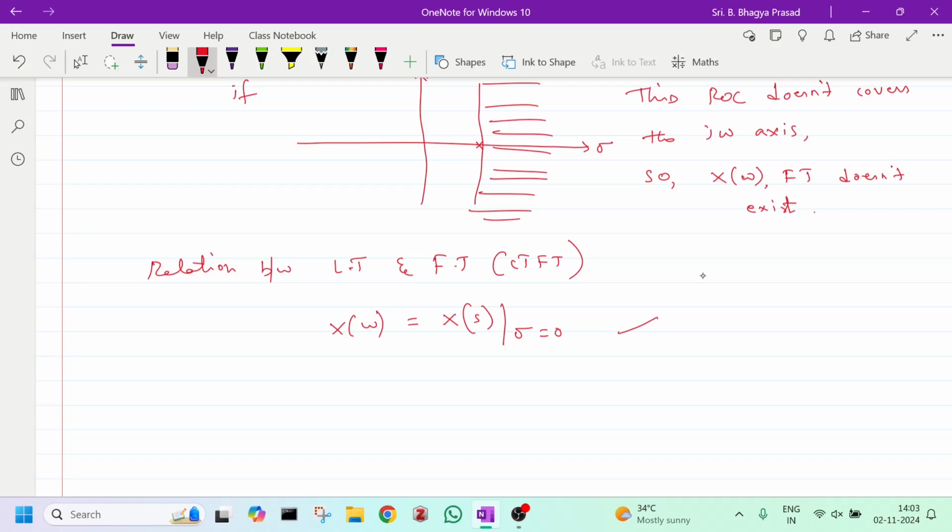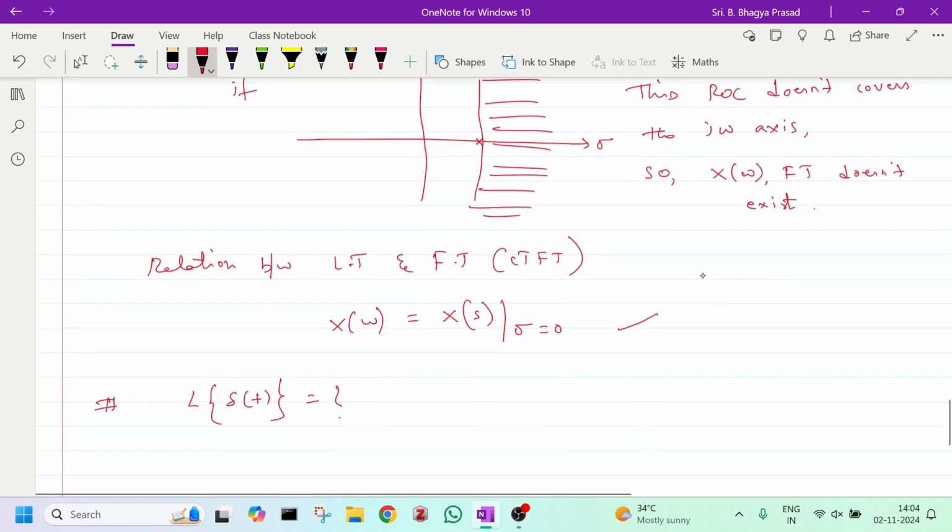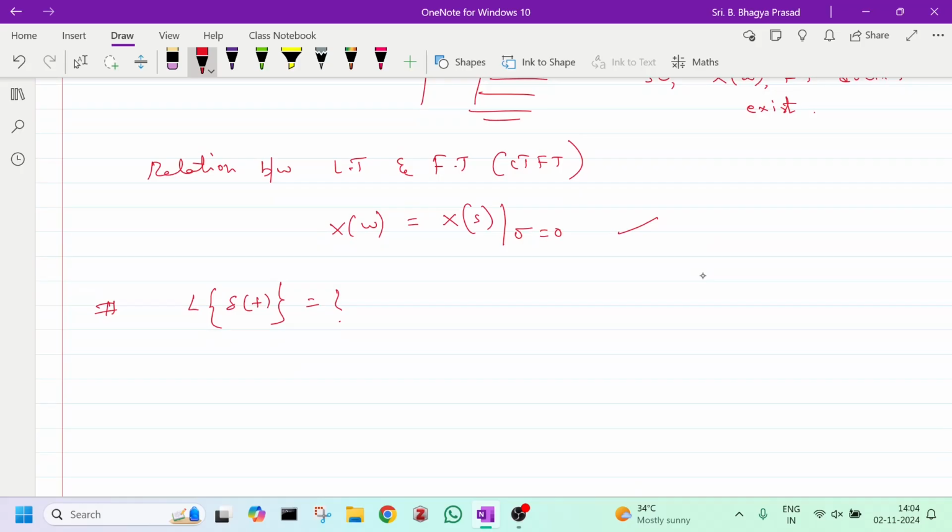So let us solve some basic problems. Starting with your impulse function, let us find out the Laplace transform of delta of t. The Laplace transform of delta t, you know the expression, that is the integral of delta t e power minus st dt from minus infinity to infinity, and you know that delta t exists at t equal to 0.